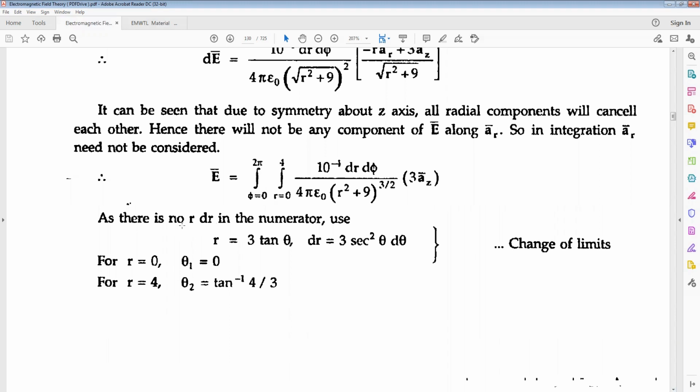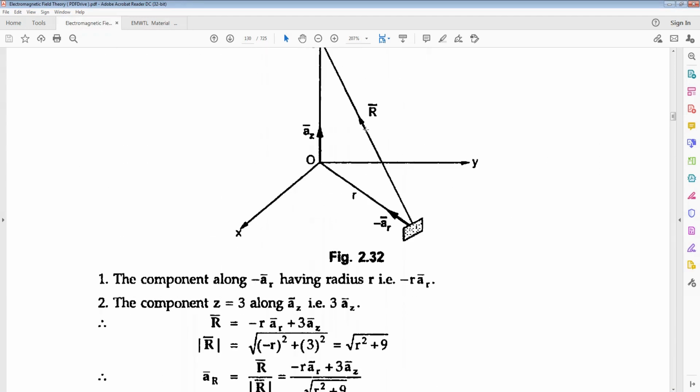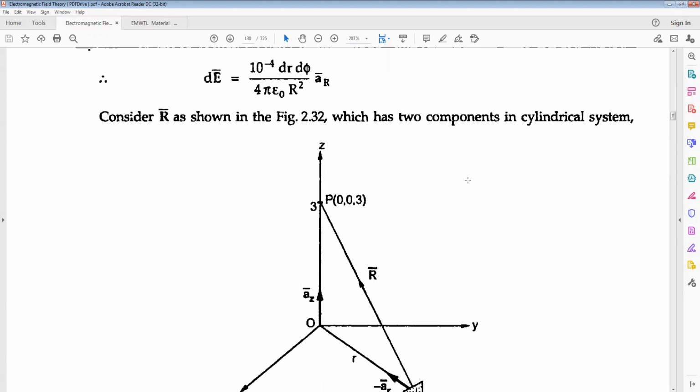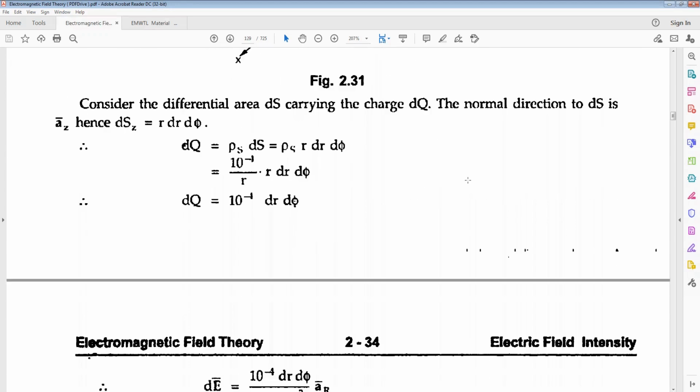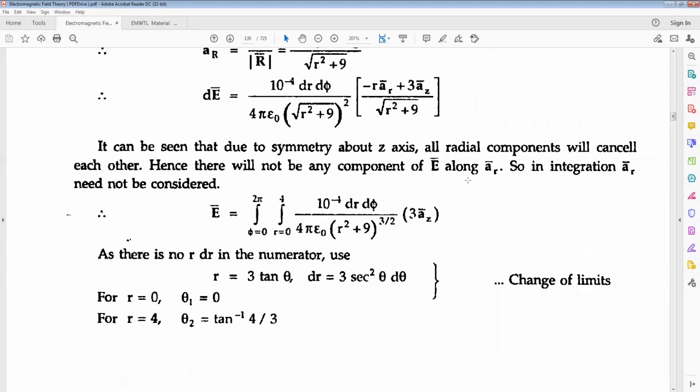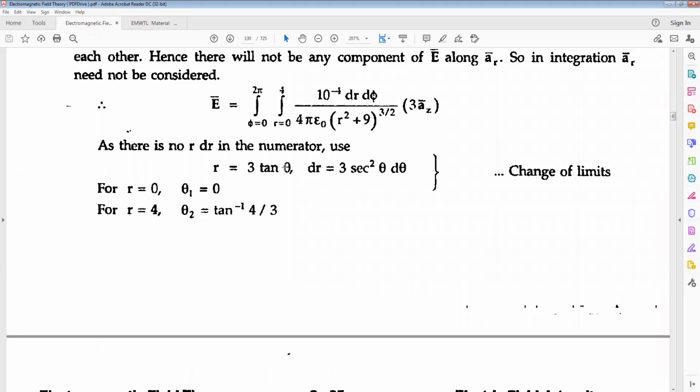Now, since there is no r and dr in the numerator, we use r equal to 3 tan theta. Using the right angle triangle, tan theta is equal to r by 3, where r is the opposite side and 3 is the adjacent side.